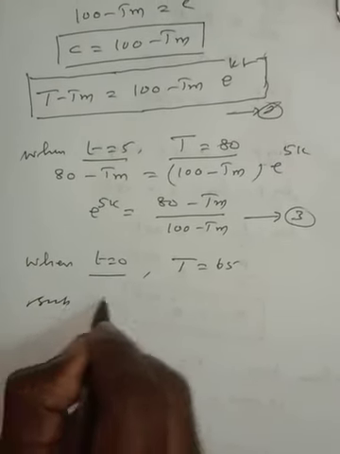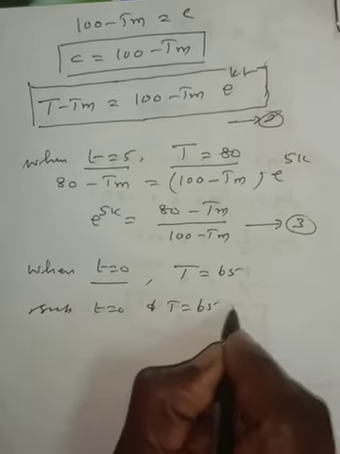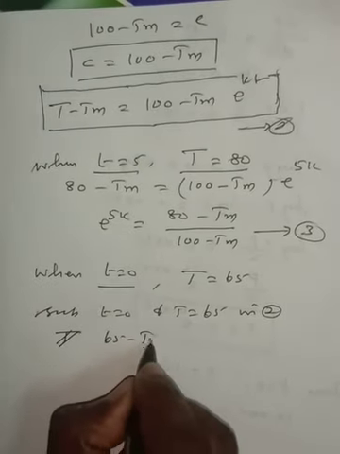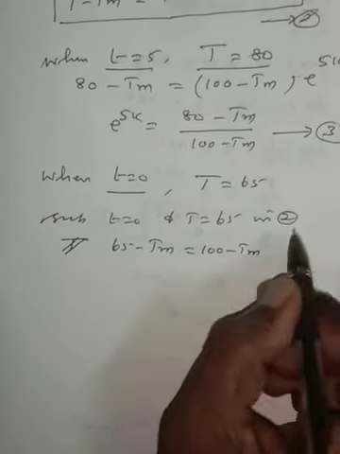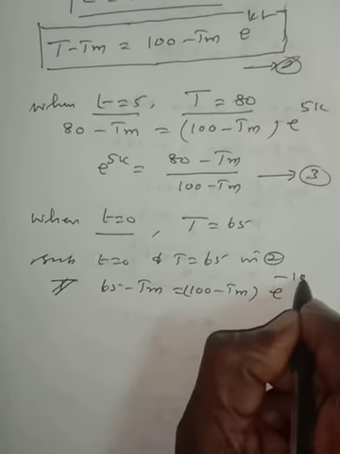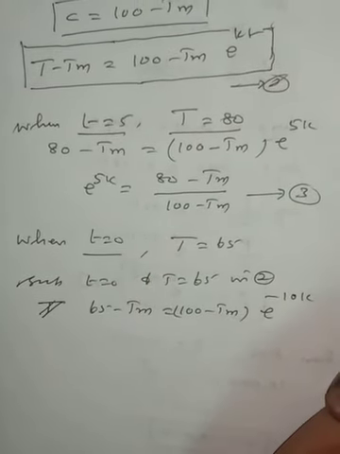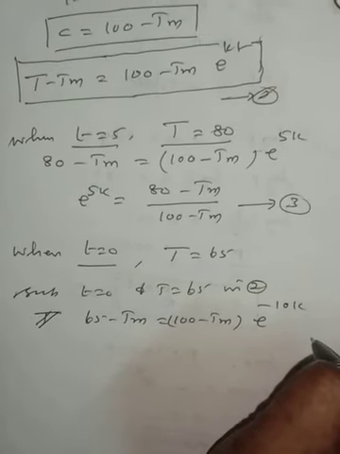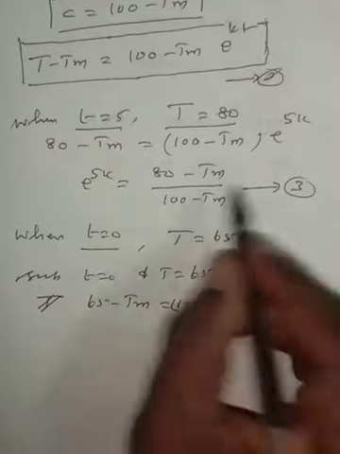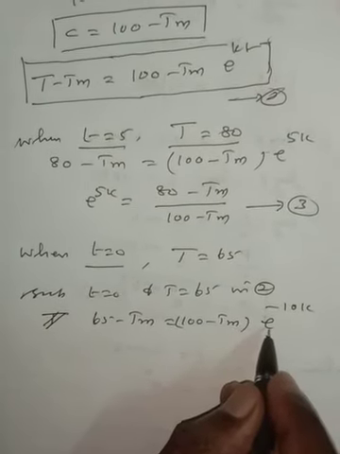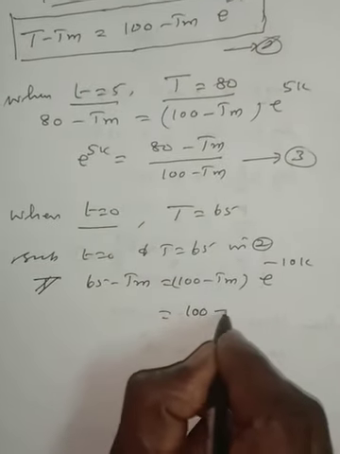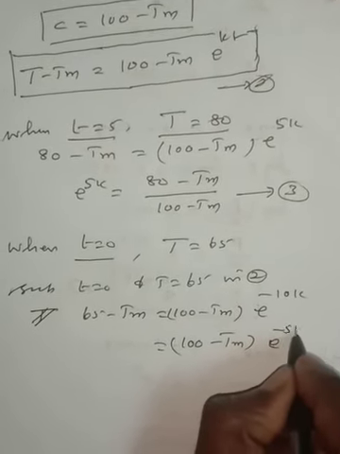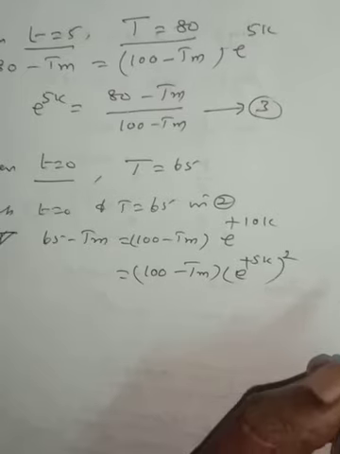We have, substitute t is equal to 10 and T is equal to 65 in equation number 2. 65 minus Tm is equal to 100 minus Tm into e to the power of 10k. This means 100 minus Tm into e to the power of 5k whole square.